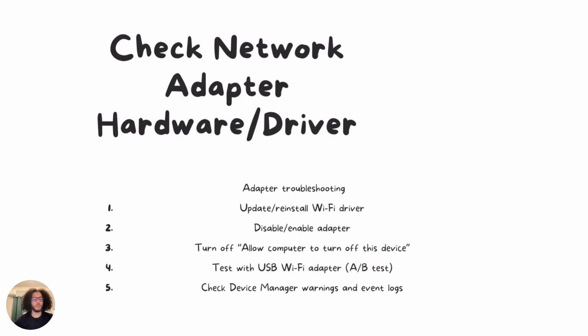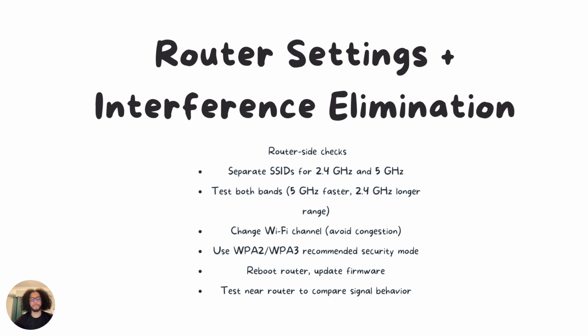I will also review Event Viewer for recurring adapter errors. Finally, I will connect a USB Wi-Fi adapter to see if it works without drops. If it does, the internal adapter is probably the problem.